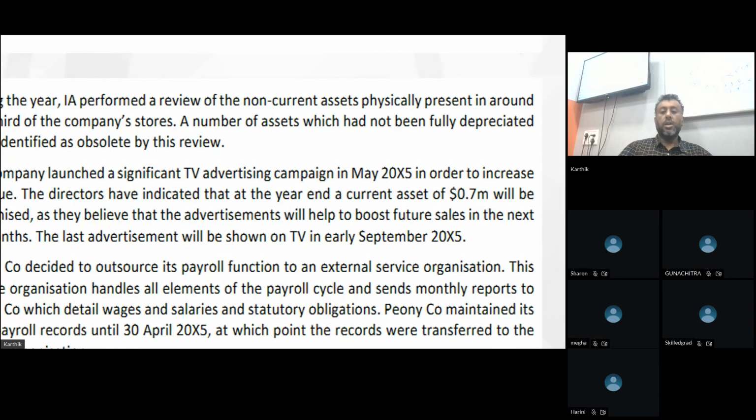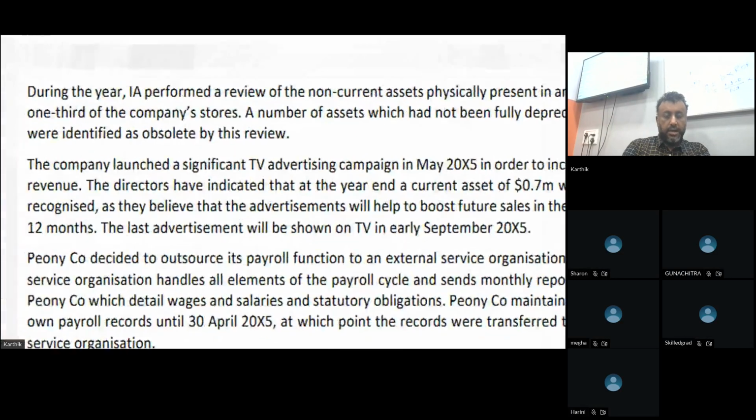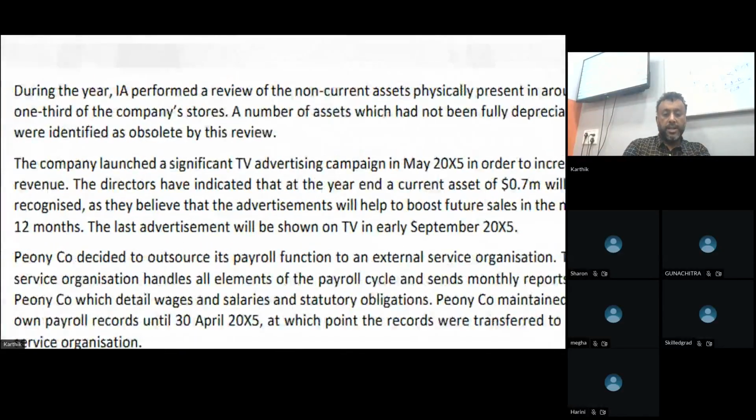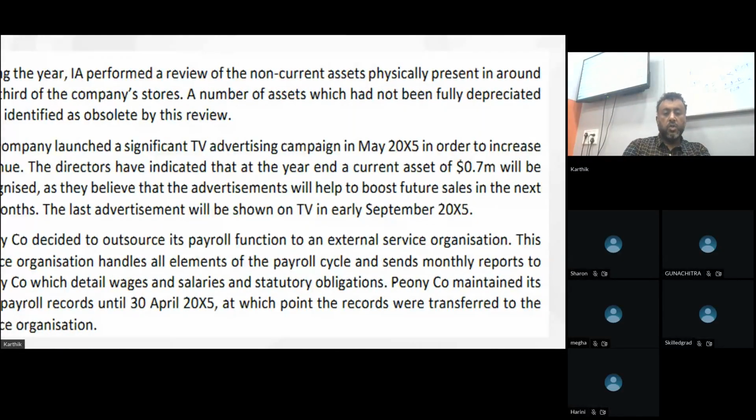There's an indication that the depreciation policy is probably not accurate enough. And because of that, what could there be? A number of assets which have not been fully depreciated were identified as obsolete by this review.